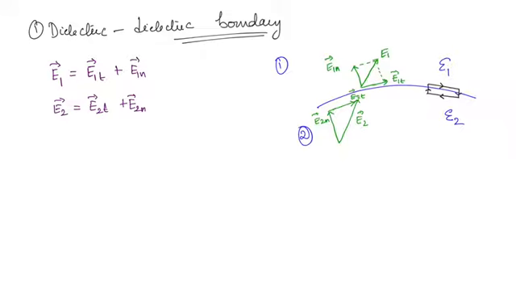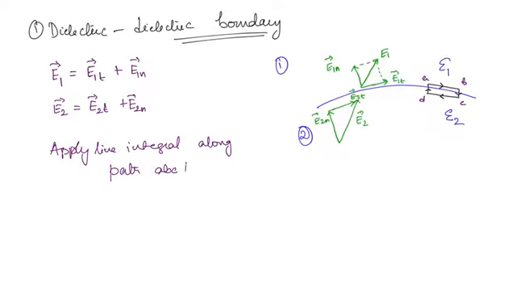If you name the corners A, B, C and D, then we apply the line integral along the path A, B, C, D and then back to A. What will that be? The integral of E bar dot dl is going to be 0 because it is a closed loop.